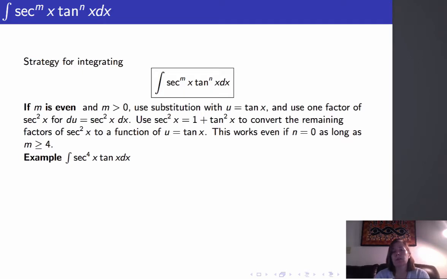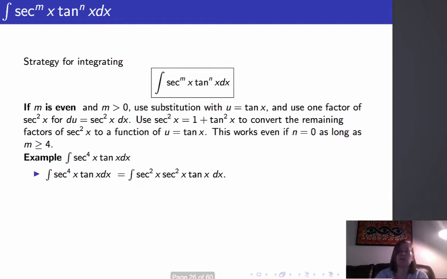Let's look at the integral of secant to the 4x times tangent of x dx. So this fits the bill. The power of secant is even, and we're going to try the substitution u equals tangent of x. And we're going to split that secant to the 4 into two copies of secant squared.